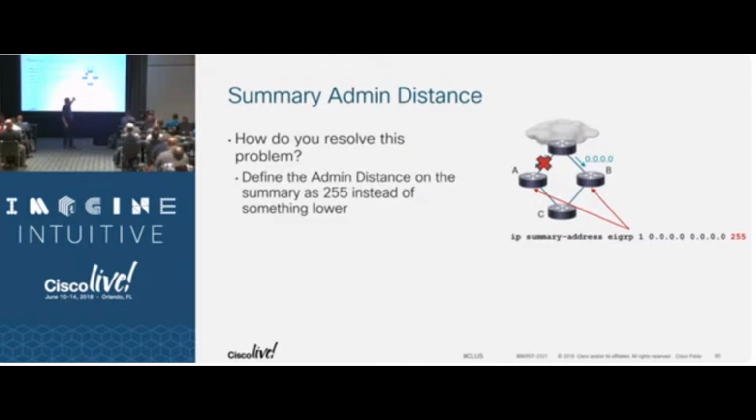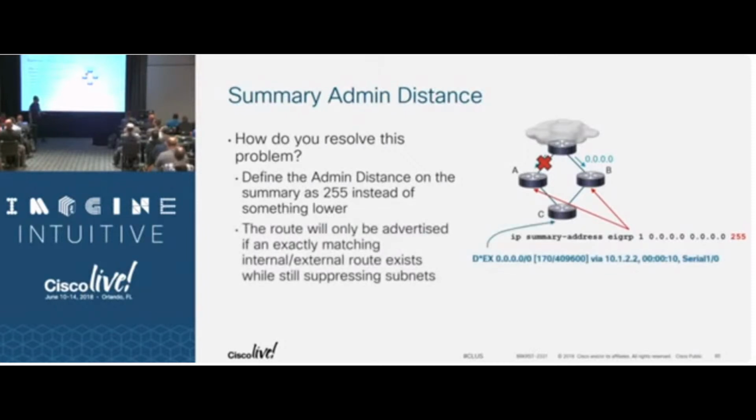If A learns the default route with this kind of summarization, it will pass it further. If it does not, it will not generate even the summary. It's not going to come down to C. So either A knows about the default route and that's when it sends it, or not. And this would be then the solution for this problem here.